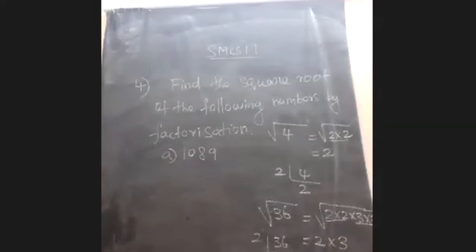Similarly, we have to find out the answer for 1089 by using prime factorization. Some students are sending a message, the answer is 33. So let's check whether their answer is right or wrong. 1089.